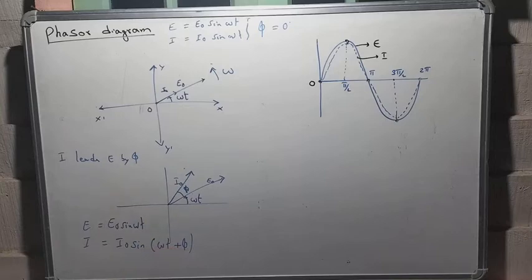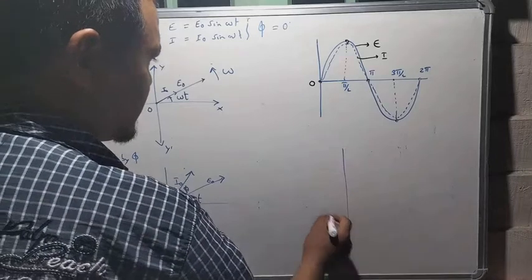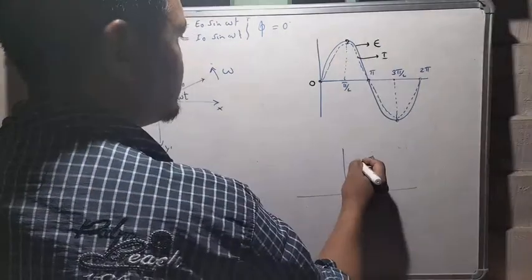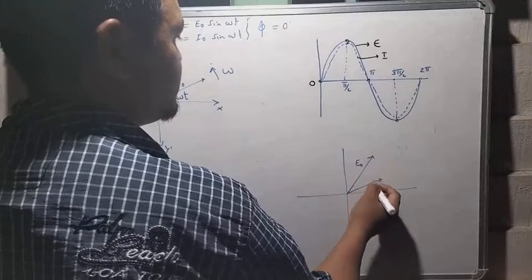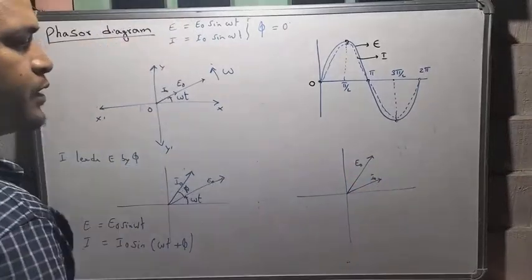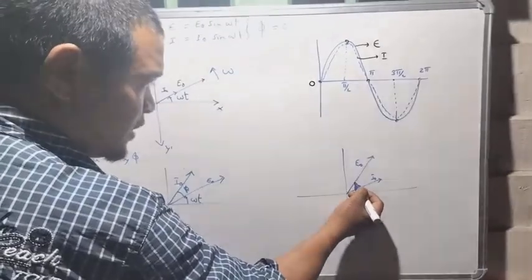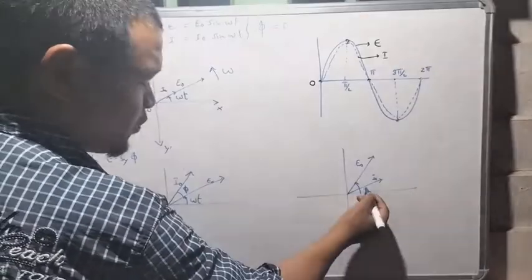Alright, next, if the current is lagging behind the EMF, okay, so this is my reference axis. The angle that E naught makes with the reference is always omega t.